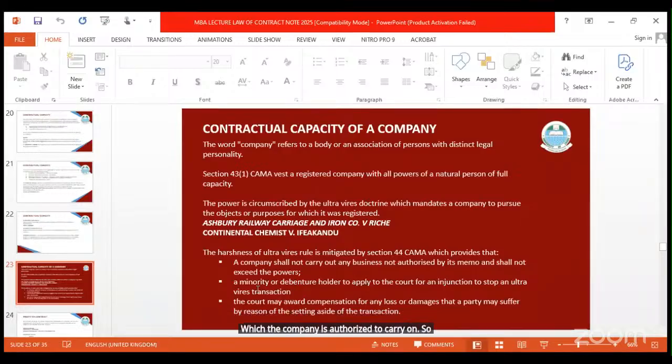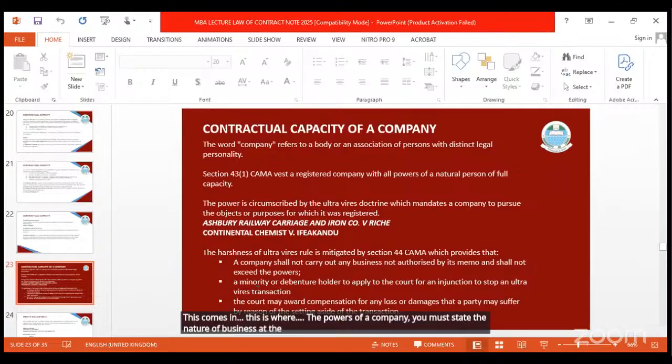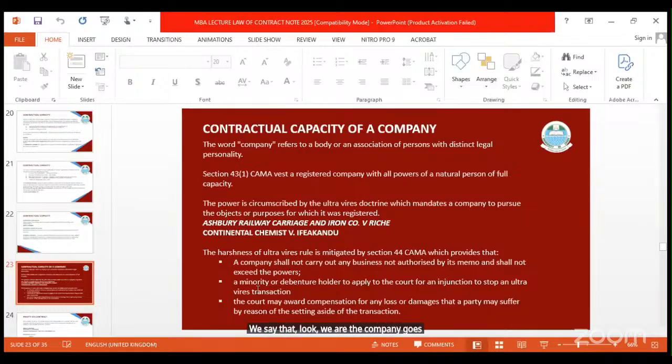So you see that is where this comes in. This is where the powers of the company are, you must state the nature of the business. And you remember that where the company goes outside what is stated in the memorandum, it becomes ultra vires. That is, you're going beyond the power. That's the meaning of ultra vires.